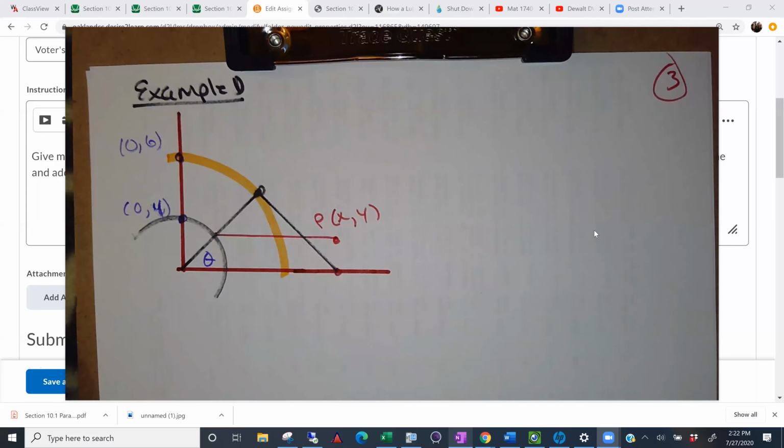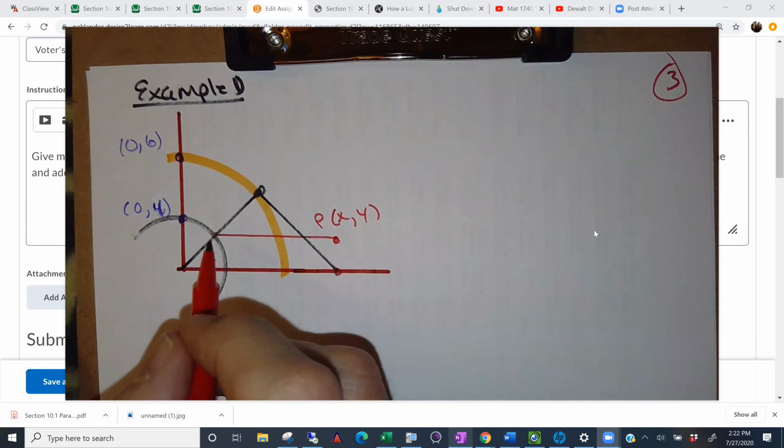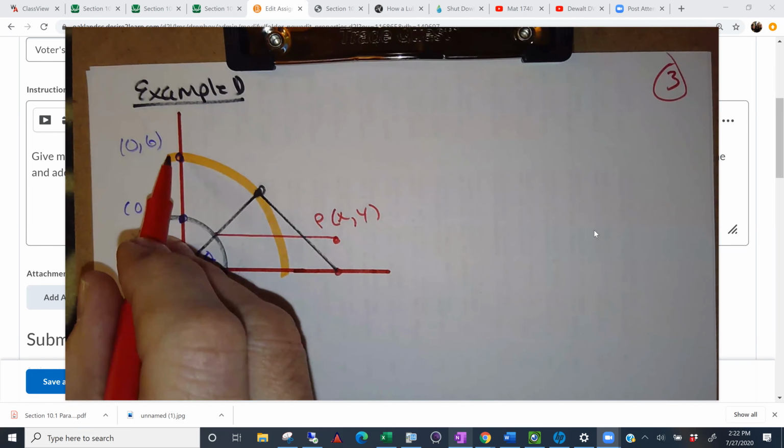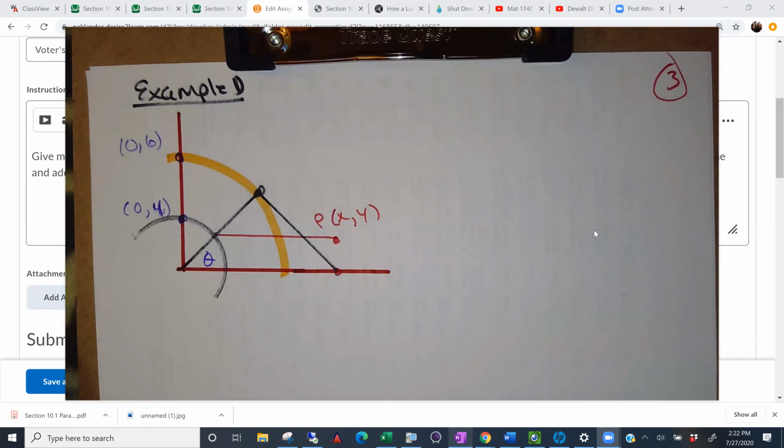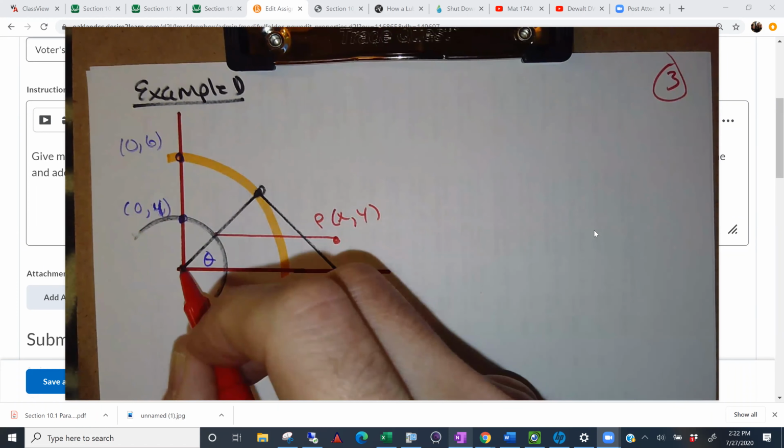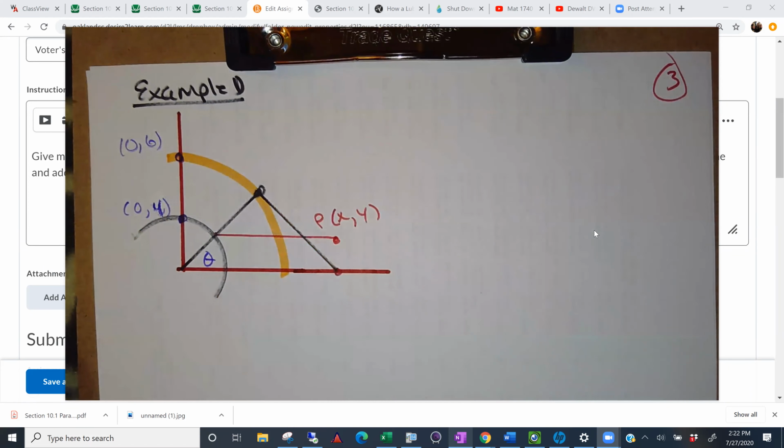Okay, so we're going to go over an example that asks you to actually build up the parameterization. What's going on here is we have two different circles, one of radius 4, one of radius 6, and a line passing out through those circles at an angle of theta.